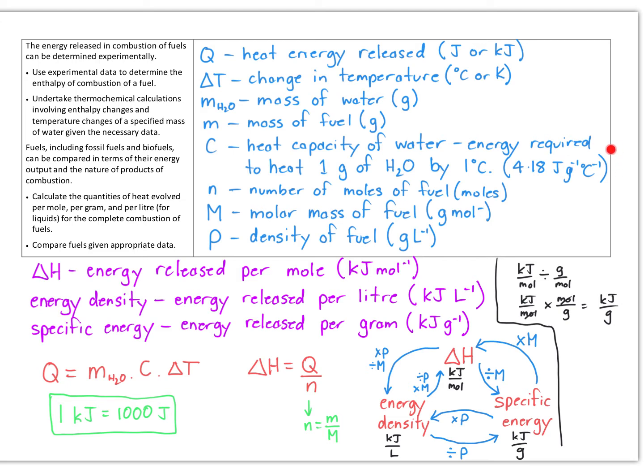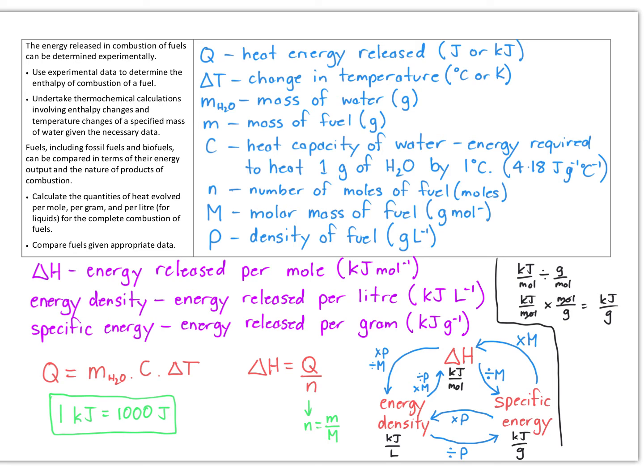This value also has another name, and that is known as a calorie. It's sort of like the old unit, like inches and feet. 1 calorie is the amount of energy that it takes to heat 1 gram of water by 1 degree. We can measure energy sometimes in calories, because we often worked out how much energy was being released by how much it heated up water.